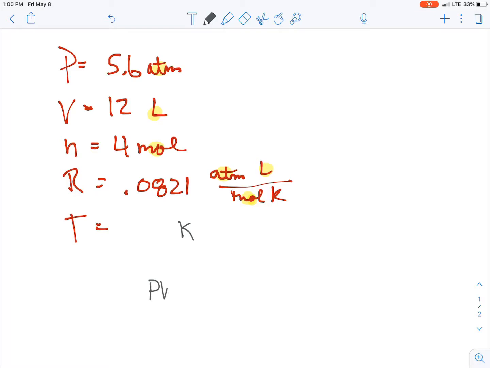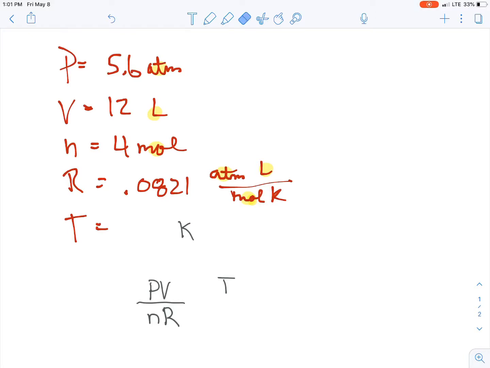PV equals nRT. We're solving for T. So we're trying to get T by itself. So all we're going to do is take this nR and slide it down here, and draw a line between there.